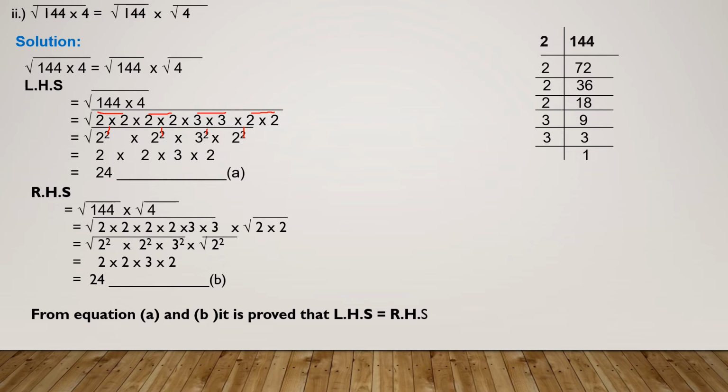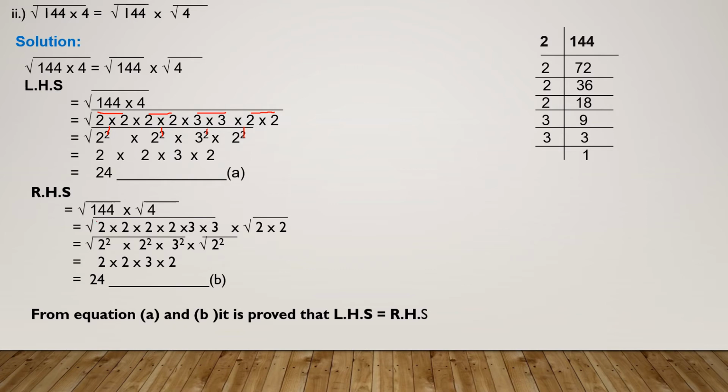Now take right hand side of your equation, that is 144 under the square root multiplied by square root of 4. Got it? Now what you have to do? Write all the prime factors of 144 instead of 144 and then prime factors of 4 instead of 4. In next step what we will do?